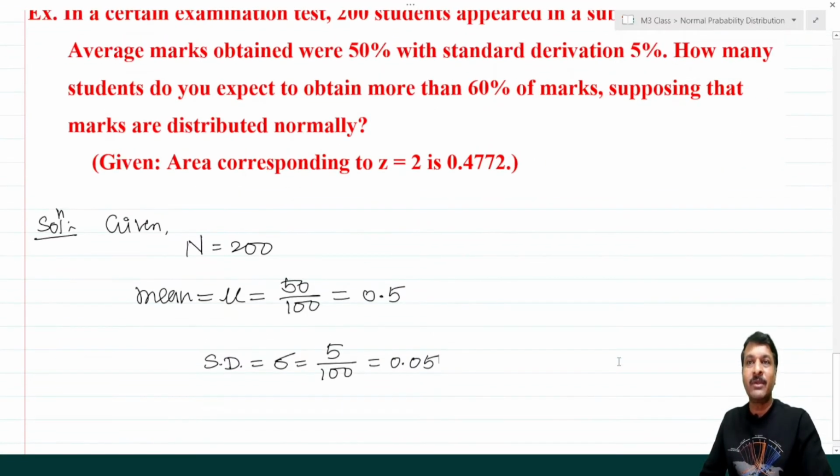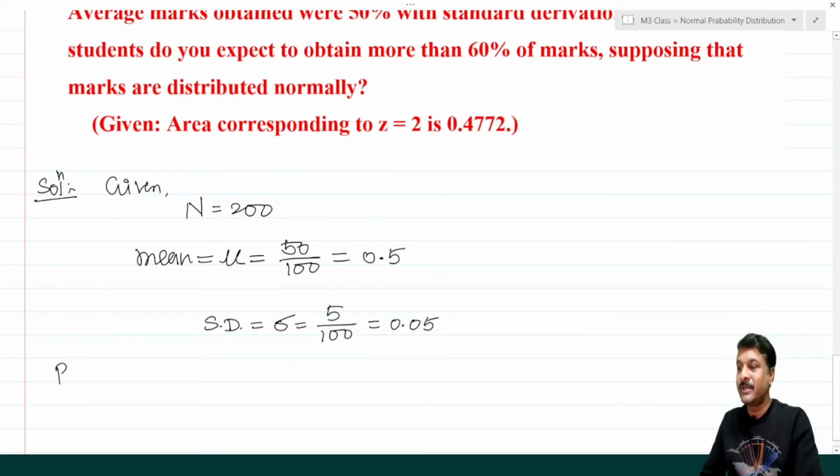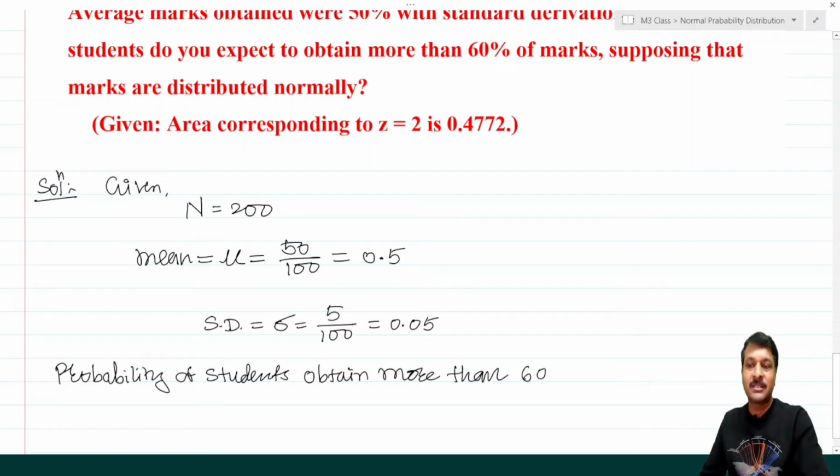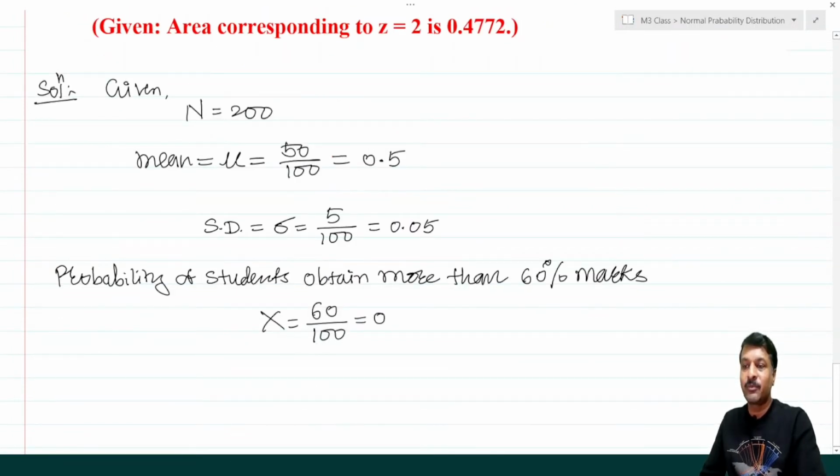So what we want to find: how many students do you expect to obtain more than 60% of marks? So the probability of students obtaining more than 60% marks means, what is the value of X here? 60% means 60 by 100, and that is equal to 0.6. So X is greater than or equal to 0.6.